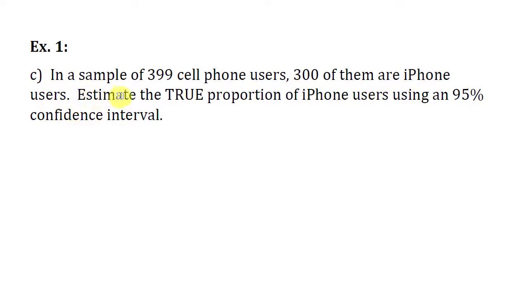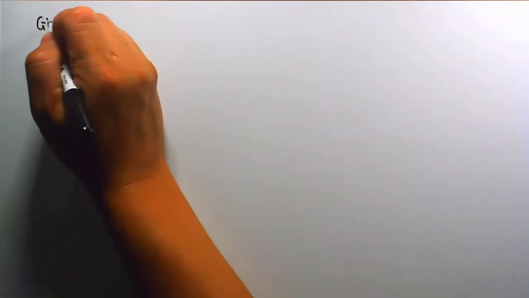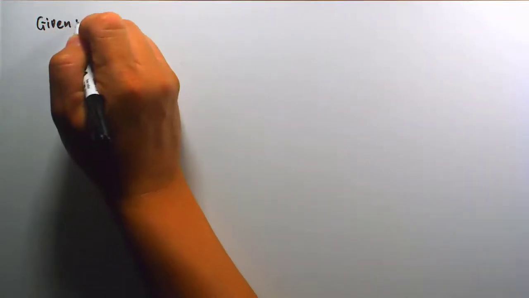Let's now estimate the true proportion of iPhone users using a 95% confidence interval. Sorry, I had a little typo here. I didn't recognize that. And so, once again, let's list down the given information.